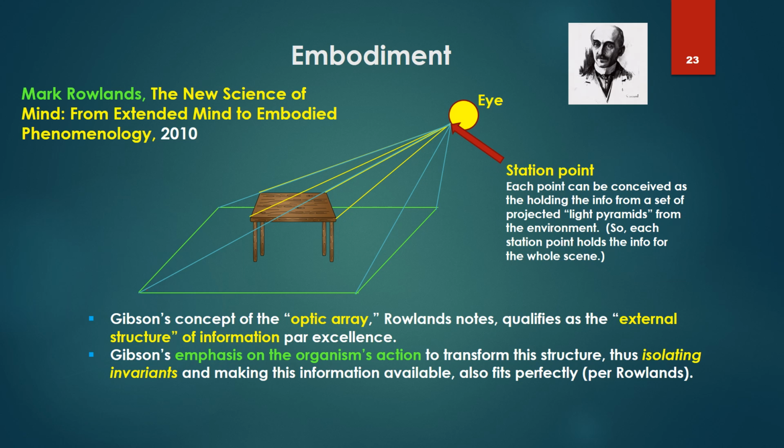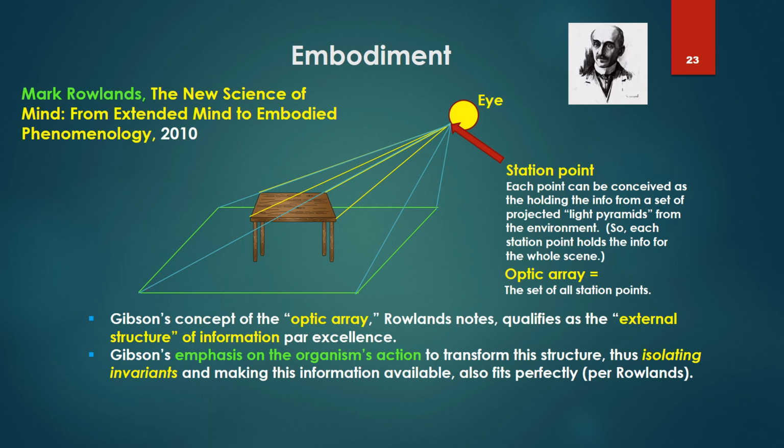So all the light pyramids project to that point. So each station point holds the information for the whole scene. Kind of a holographic conception. I've never quite pushed through this, but it's there tantalizingly.